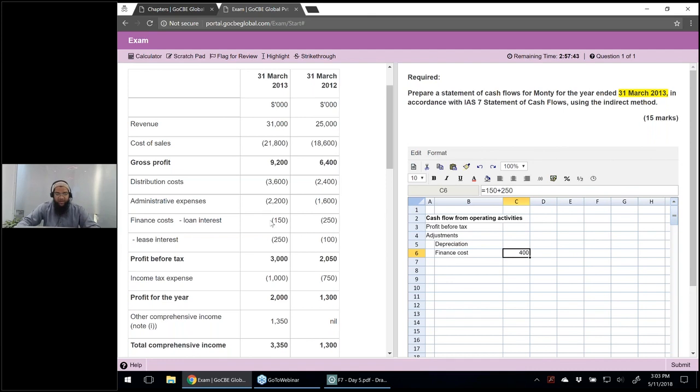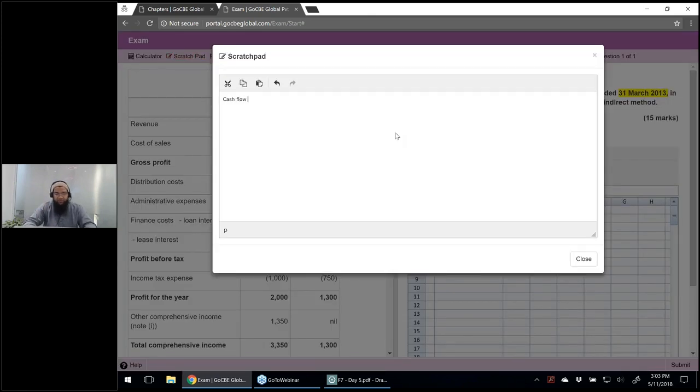So we have added back the finance cost, and if you remember, we had discussed that every adjustment will have a double impact. So in the cash flow from operating activities, we will be writing interest paid of 400 as well.